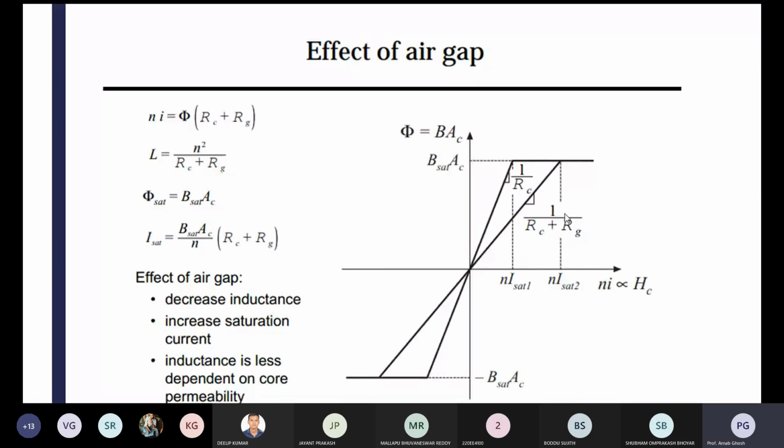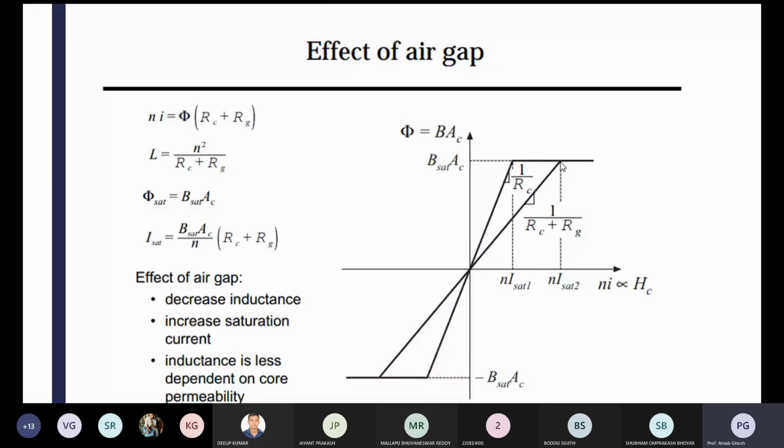That makes reaching saturation less likely. So that's why, when we design the inductor of a switching converter, we add some air gap in the core, to increase the saturation level.